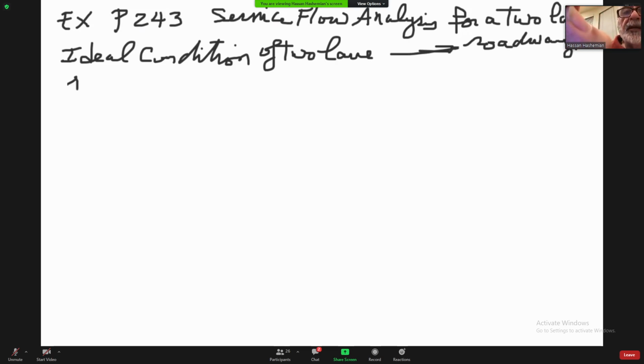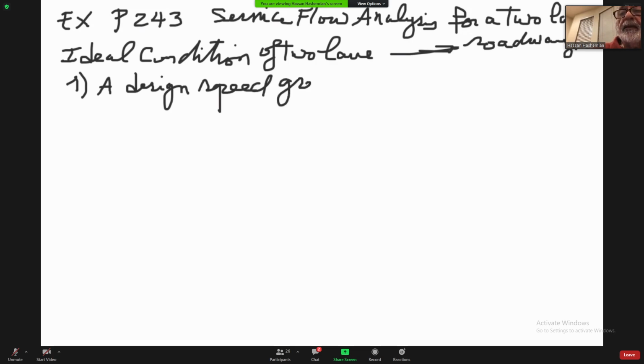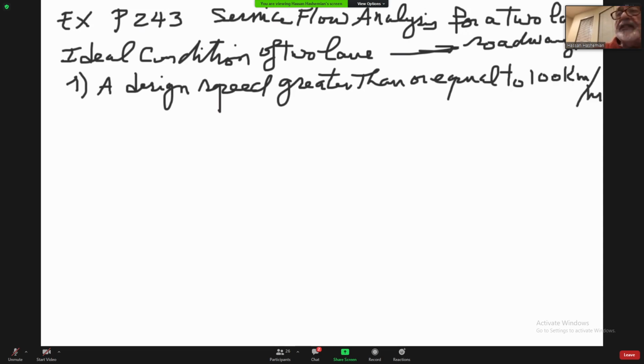First one, it says the design speed should be greater than or equal to 100 kilometers per hour, or about 60 miles per hour, approximately.